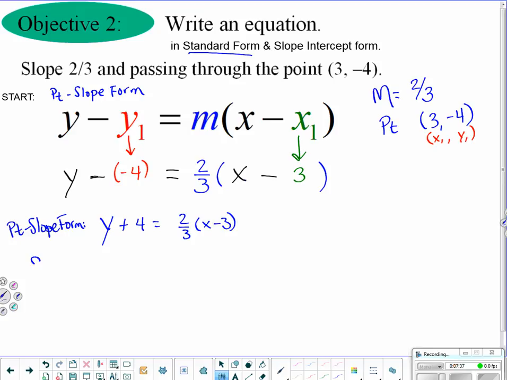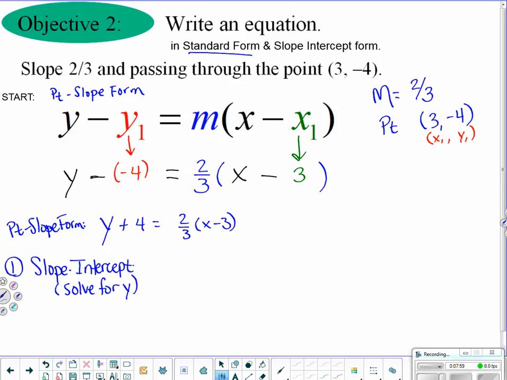I'm tempted, let's go slope-intercept next, just because for slope-intercept, all we need to do is solve for y. So solve for y. Get a y equals equation. So let's go after this slope-intercept form first. So that'll be our step 1.